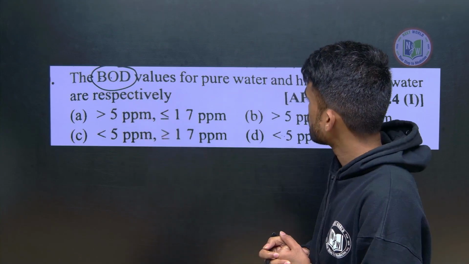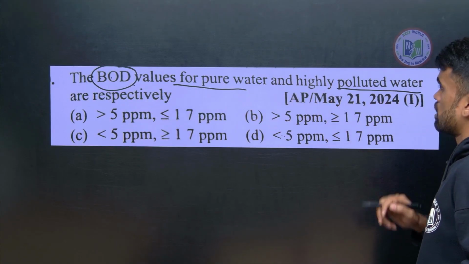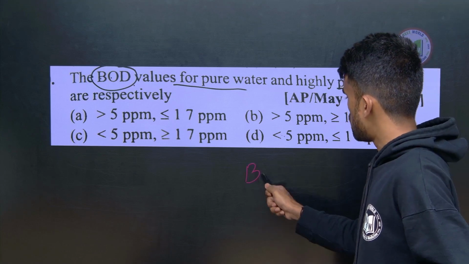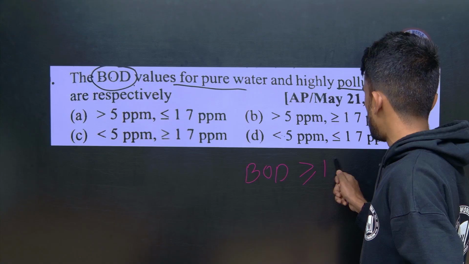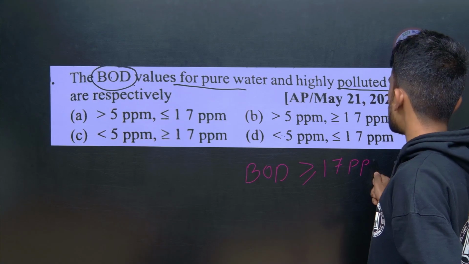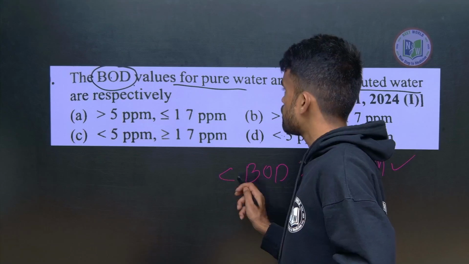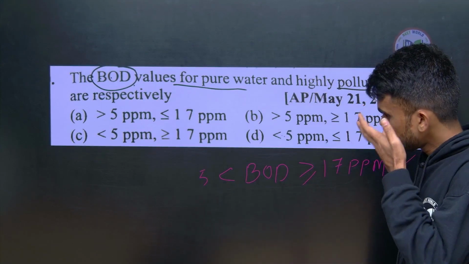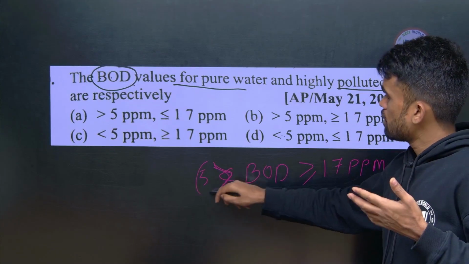So BOD values for pure water and highly polluted water: if the BOD value is greater than or equal to 17 ppm, then we can say water is highly polluted. If the BOD value is less than 5 ppm, we can say this is pure water.